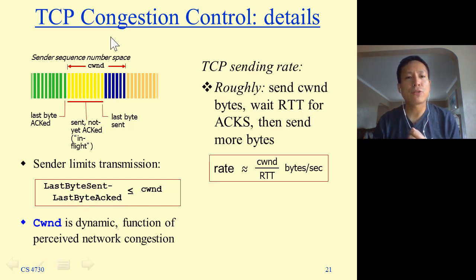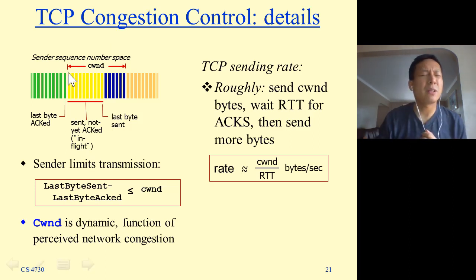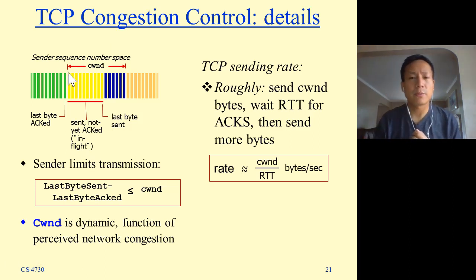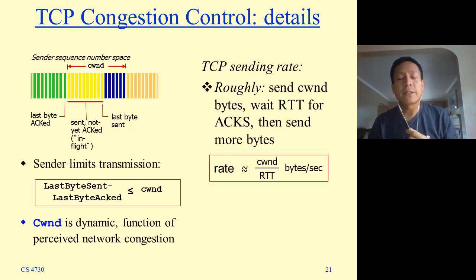And as I also mentioned, the congestion window is always dynamic. Sometimes you increase, sometimes you decrease, depending on the network status. But when you have a window size, you want to tell what exact sending rate it is. Obviously, the bigger the congestion window size, the more in-flight packets it has, which means it is sending packets faster, right?